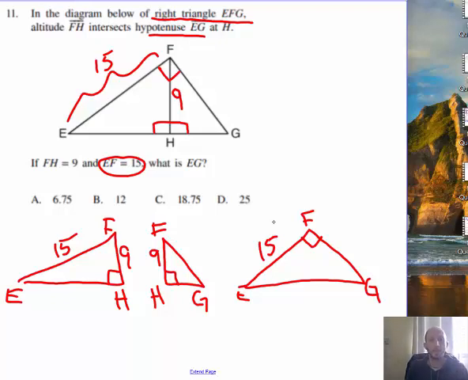Which means that this is a particularly hard version of this problem, because usually what we are looking for is two triangles with two pairs of corresponding sides. So let me just label this variable. We're looking for EG, which is the whole thing. So I'm going to call that X.